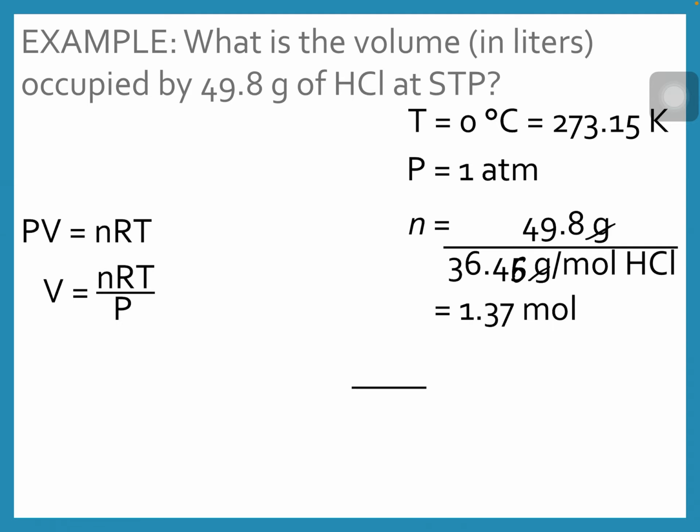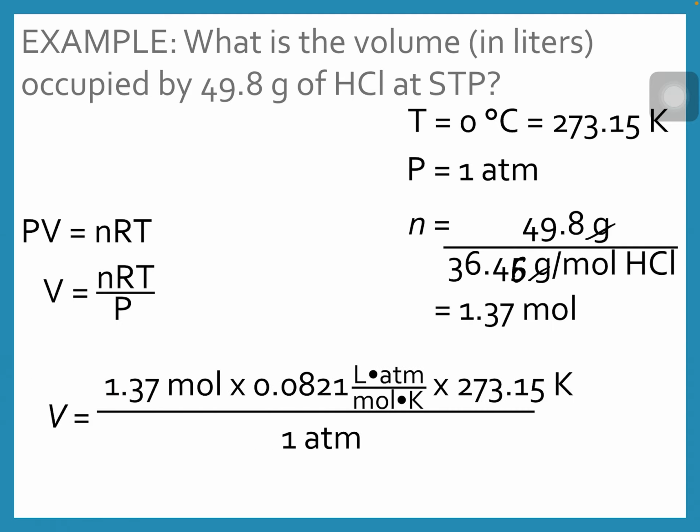So I now have my number of moles as well, and the R value that I'm going to use, because I'm using atmospheres, is 0.08206, so that is rounded there to 0.0821. So here my atmospheres will cancel, moles will cancel, Kelvin will cancel, and my final answer will be in liters.